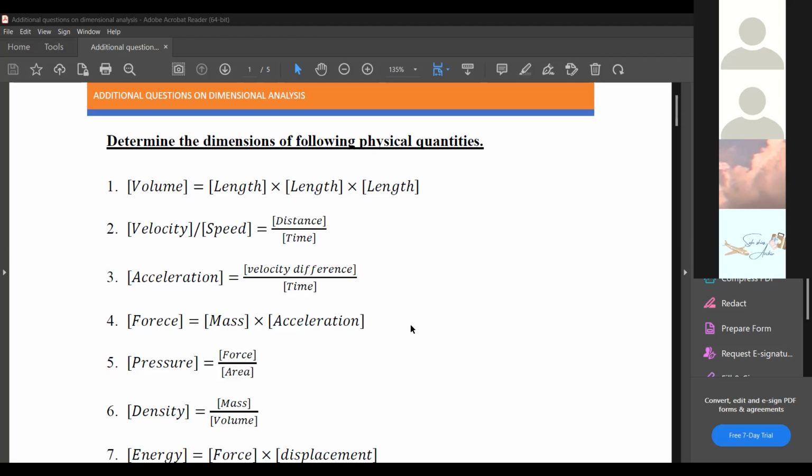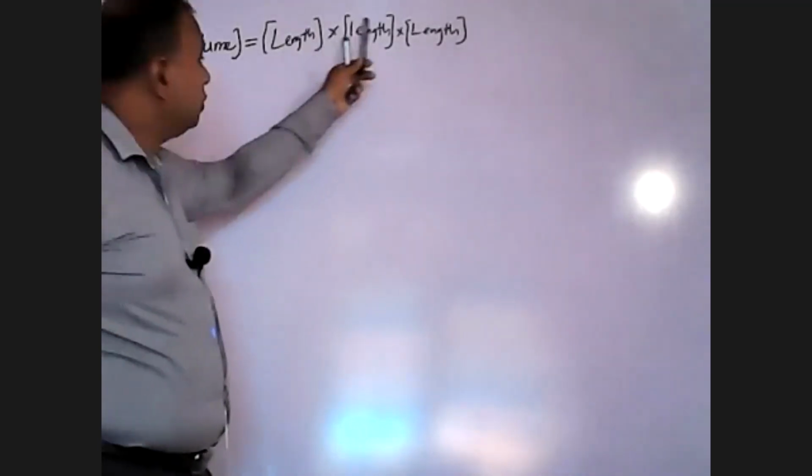Dimension of volume. Volume is equal to length into length into length.